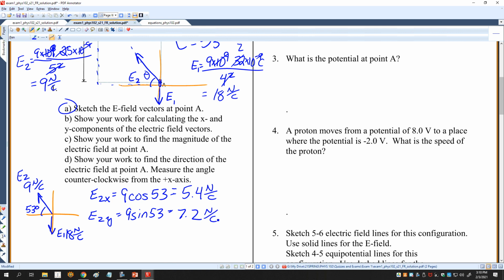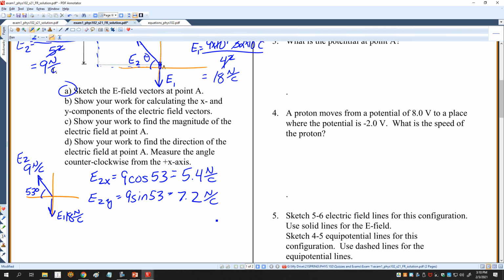So those are my x and y components of that vector. If I redraw that, I'll have 7.2 right here, 5.4 right here, and 18 down here. Okay? So show your work for calculating x and y components of the electric field vectors.